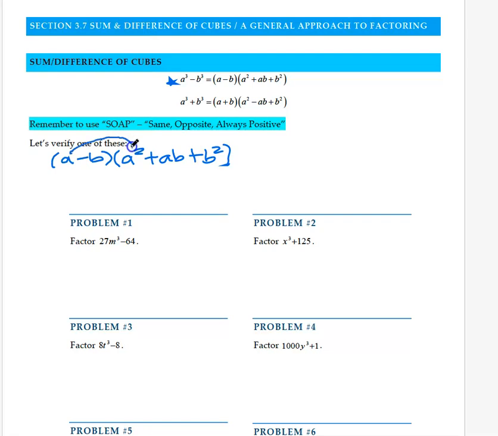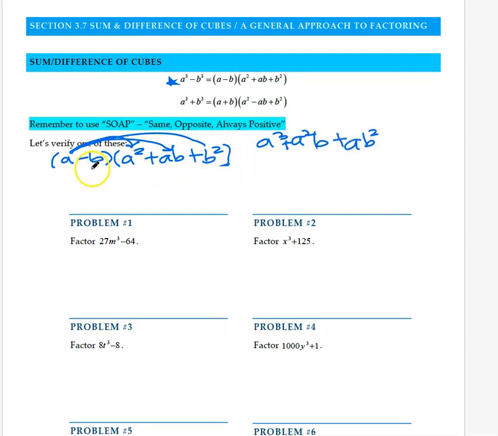If we take our A and distribute through here, I'll have A cubed, and then I get plus A squared B. Take my A and multiply it by this one, and I get plus AB squared.